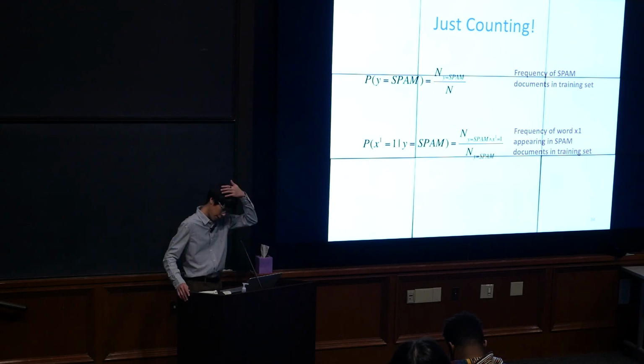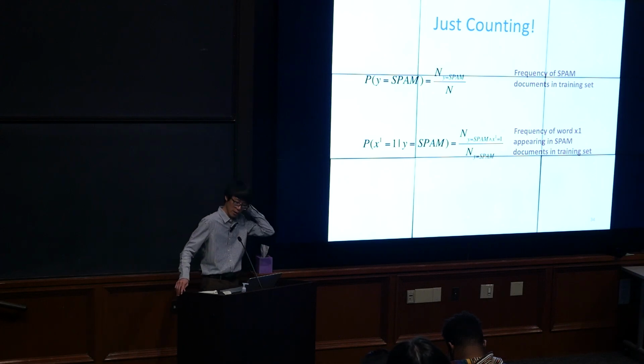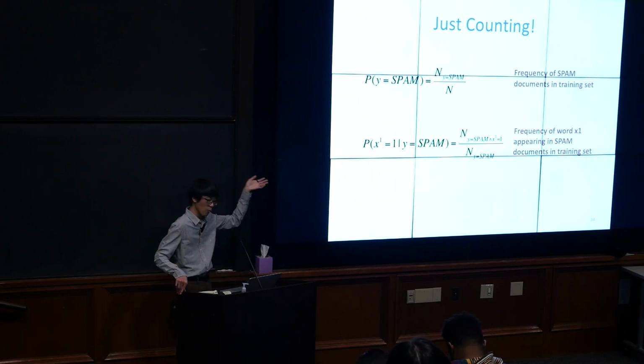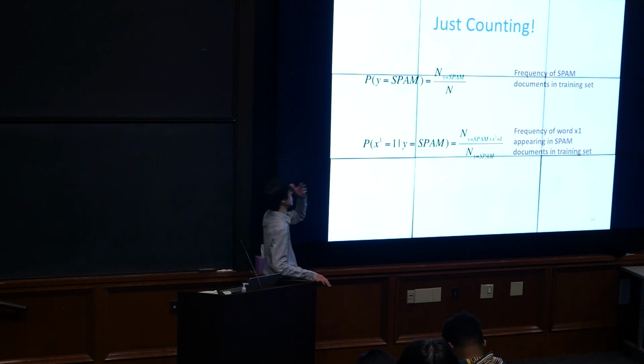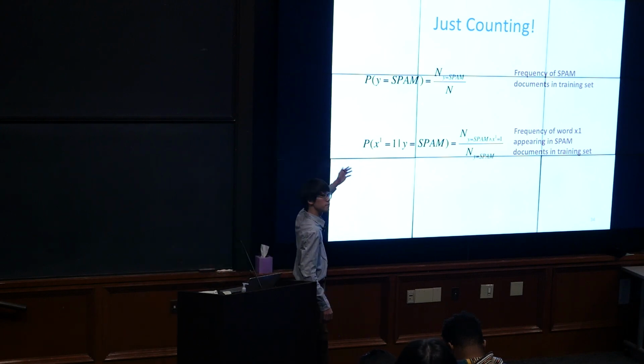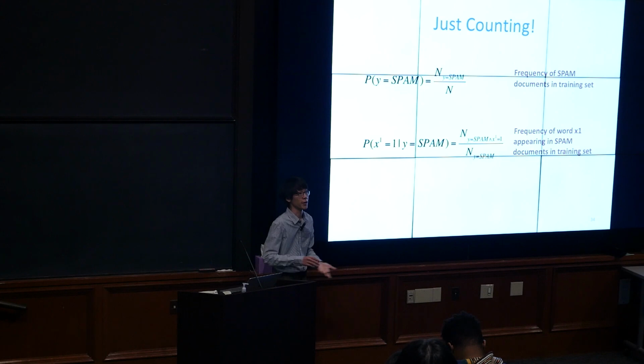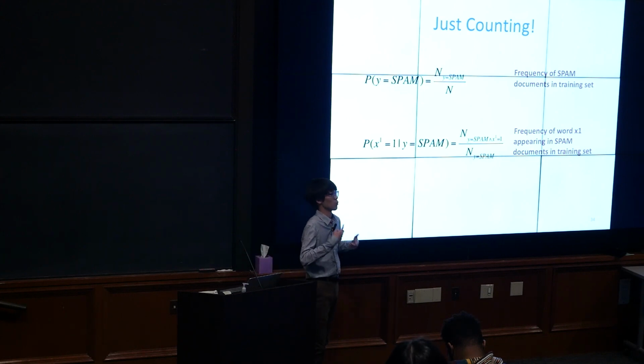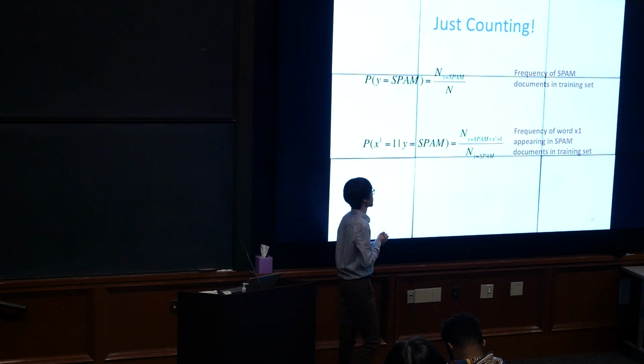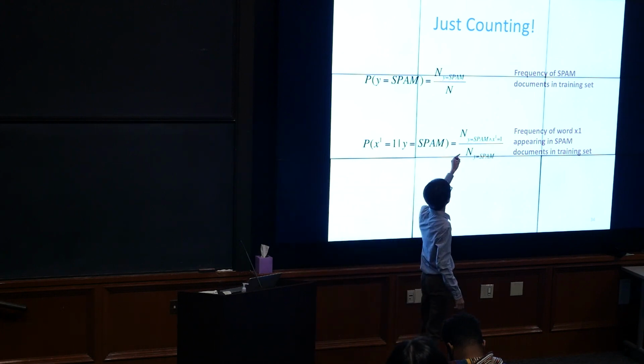It's just counting, right? So for p(y), we just count the number of times spam documents are in the training set, which is very easy to do. We're just counting the frequency of y in the training set, and then for p(x|y), same exact thing. We just count the number of times.